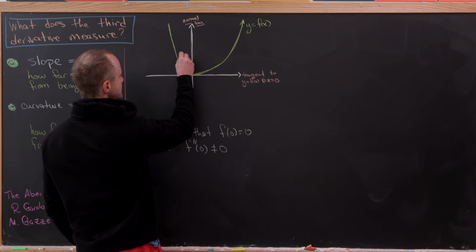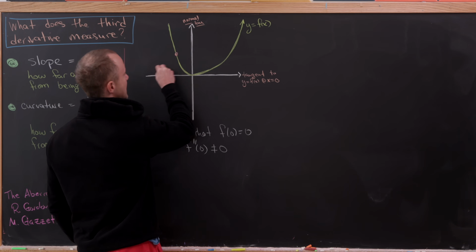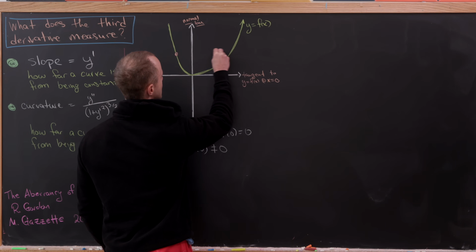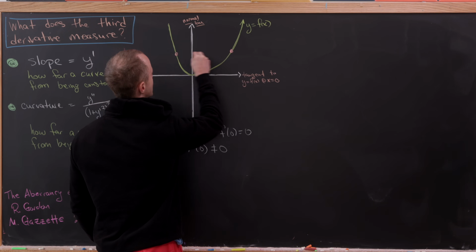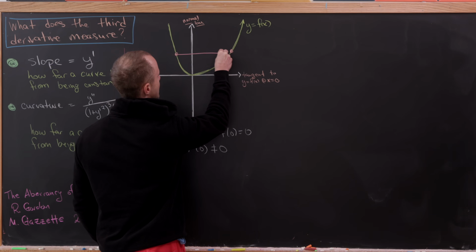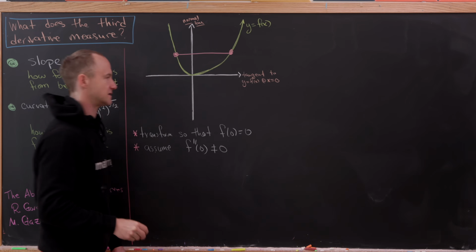Okay, so here, let's draw this. Maybe we'll take this point right here, and then we want it to be horizontal in this case, parallel to the tangent. So perhaps we'll take this point right here. Okay, so that looks pretty close to being parallel to the tangent.